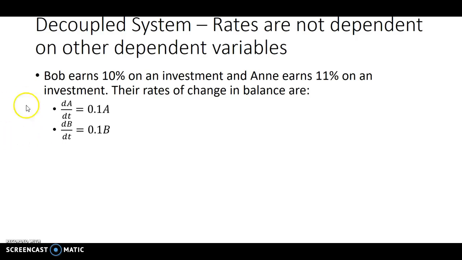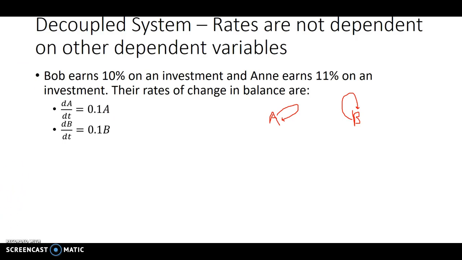We can see that this system is decoupled because if we were to draw and represent these as states, Ann's balance is only dependent on itself, and Bob's balance is only dependent on his own balance, not on Ann's. So the rates are only dependent on the variables themselves.